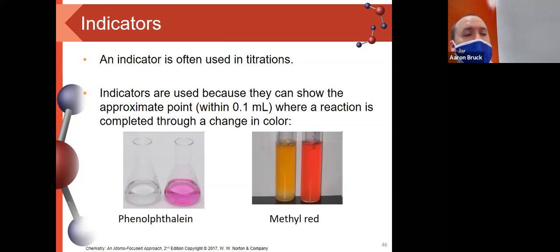And so what we see in phenolphthalein is that particular color change results in going from colorless to pink. In other cases, we can see transitions from orange to red, from blue to green to yellow. There are lots of different variants. There are lots of different kinds of pH indicators.